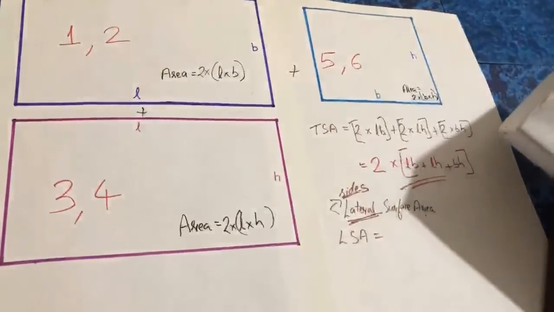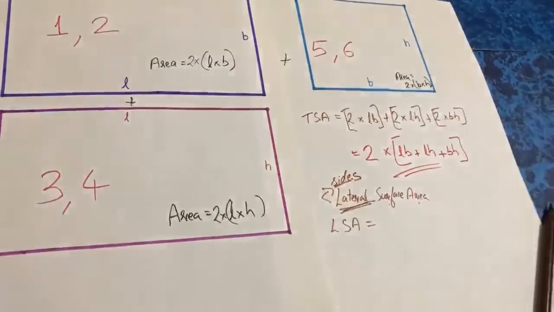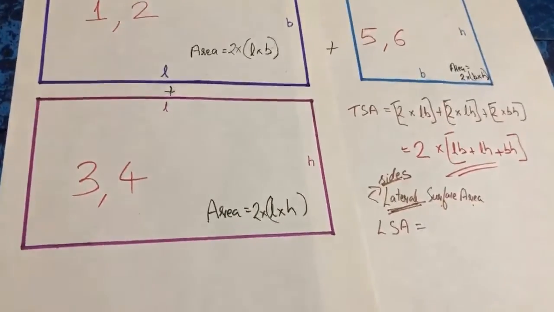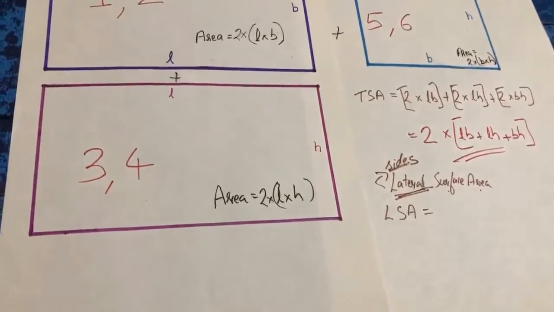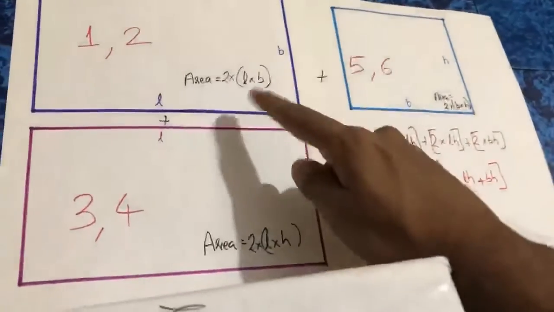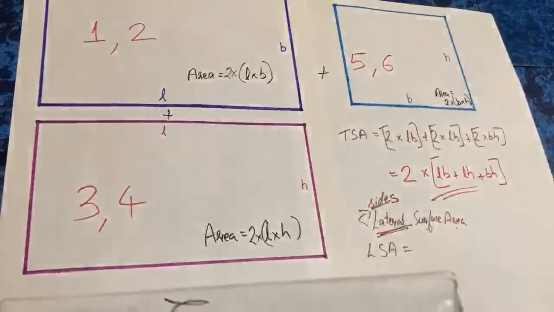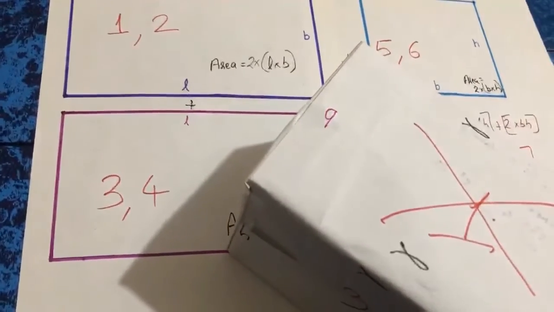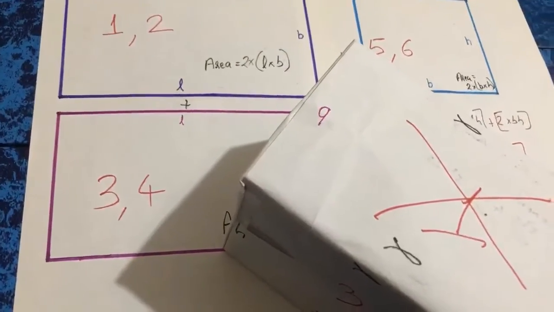Now, it depends on what side you consider as base and what side you consider as height. If there are 1, 2, 3, 4, 5, 6 sides, if you take any two opposite sides off, you will basically get the lateral surface area.